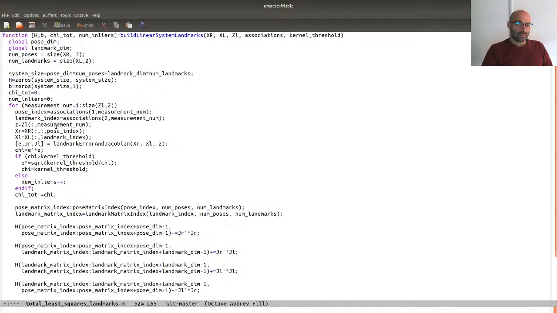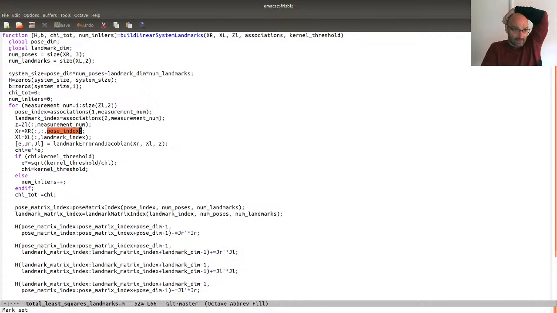We pick up the measurement from the measurement vector for each measurement, right? This loop is repeated for every measurement. We pick up the landmark according to the chosen index. We pick up the robot position according to the chosen index. These two elements are in the association vector that has to have the same size as the measurement.